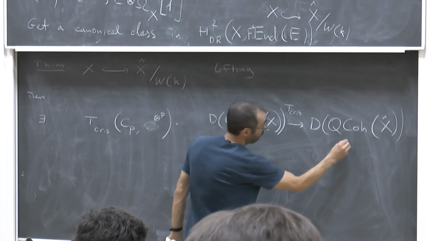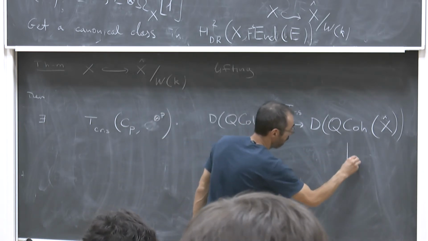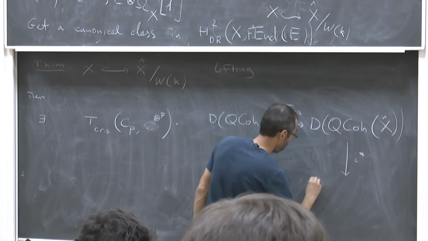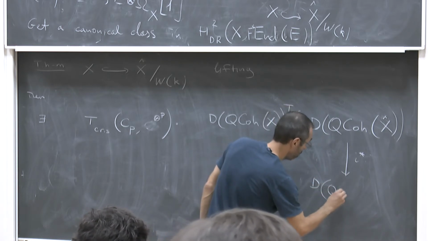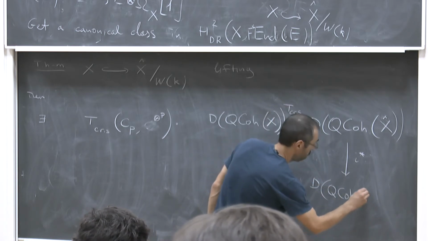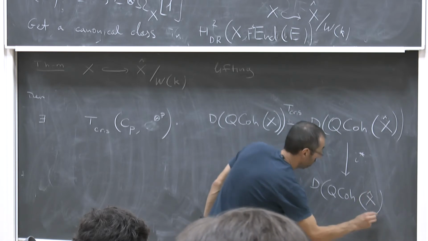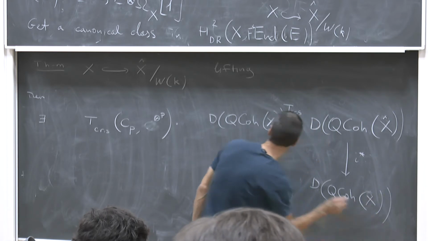So such that if I compose this functor with I upper star, I get the usual Tate construction.